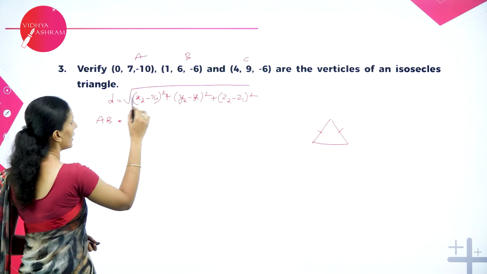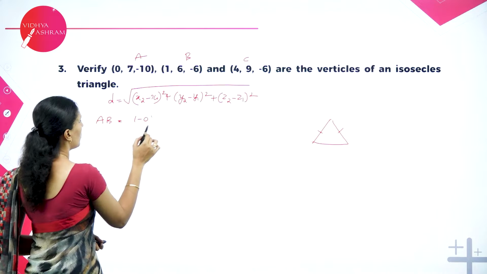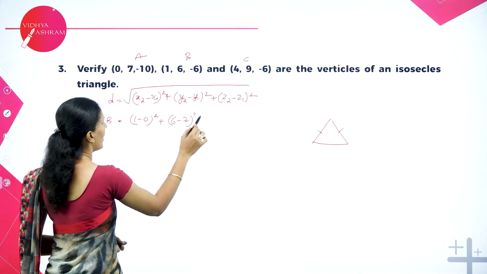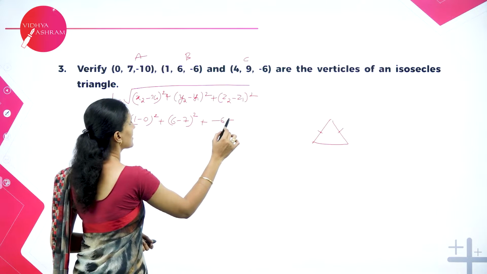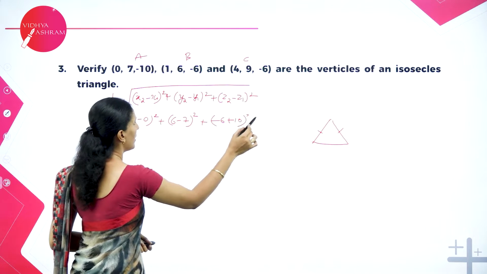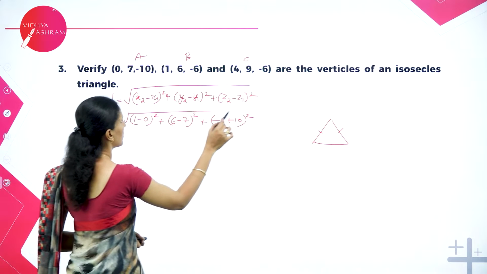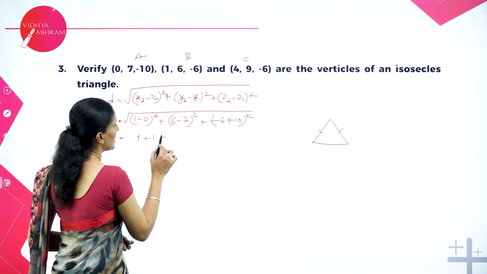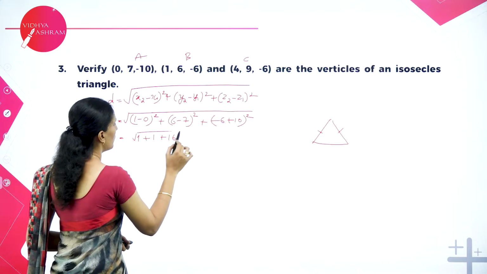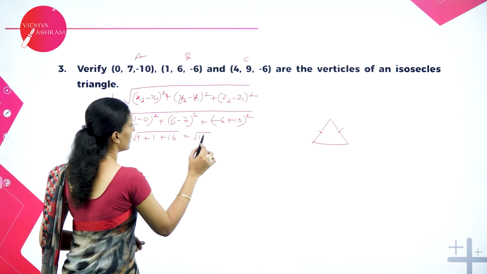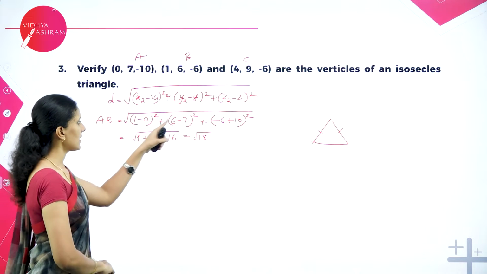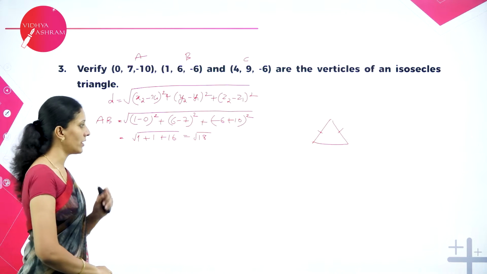Distance AB is 1 minus 0 whole square plus 6 minus 7 whole square plus minus 6 plus 10 whole square, under the square root. So we'll get 1 plus 1 plus 16, which is equal to root 18. Minus 6 plus 10 is 4, 4 square is 16, 6 minus 7 is minus 1, 1 square is 1.